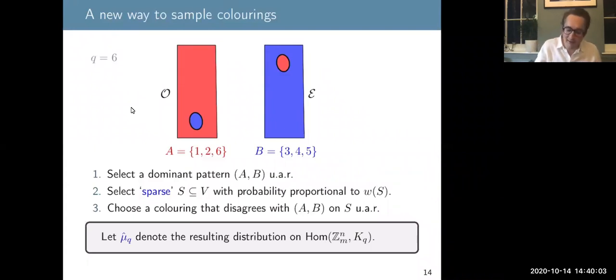So I'm going to be calling a set a sparse set S with probability proportional to its weight. We'll soon discover what sparse means. But there's some trade-off here. In some sense, I would like to just let sparse mean something incredibly strict. Maybe sparse means just one vertex. And then I really understand what a uniform coloring looks like, because then it just looks like a dominant pattern, except it deviates at one vertex.